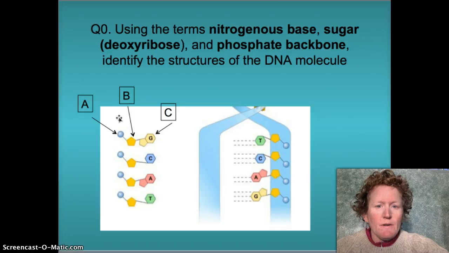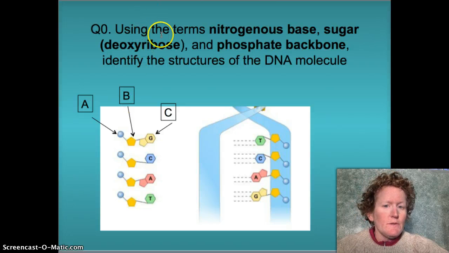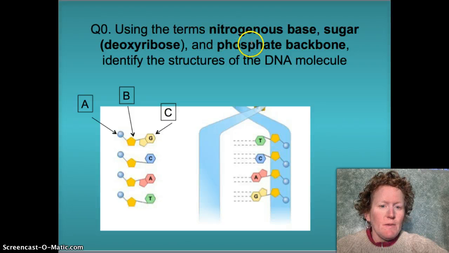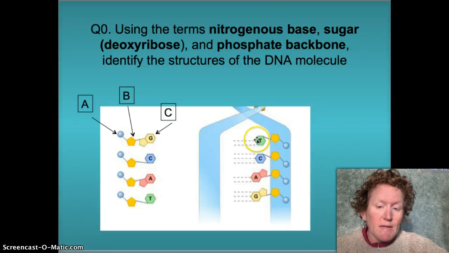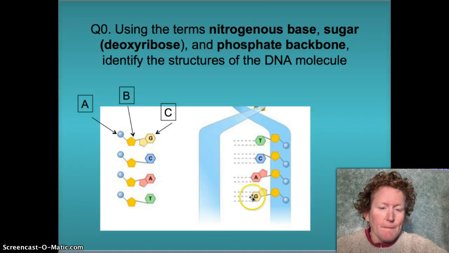Question 0 on your lab sheet is using the terms nitrogenous base, sugar, and phosphate backbone identify the structures of this DNA molecule. Now remember, we've been talking about the base pairs and how the base pairs line up. Those base pairs are thymine, cytosine, adenine, and guanine.